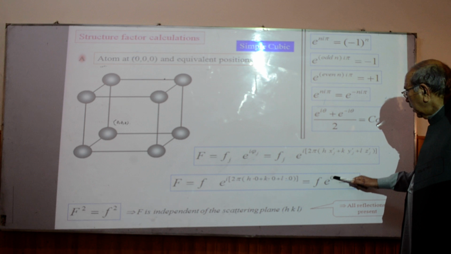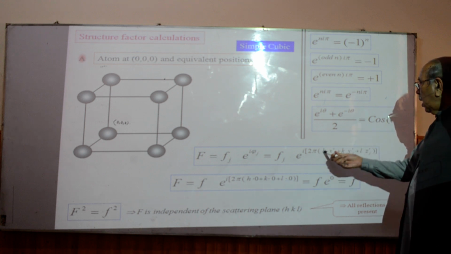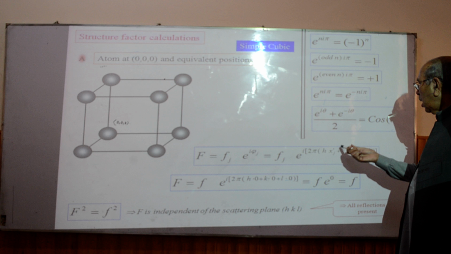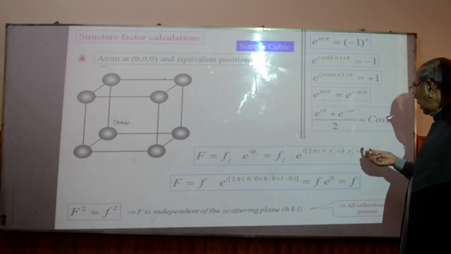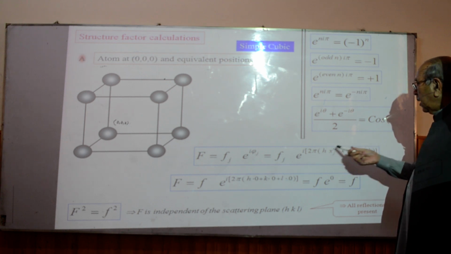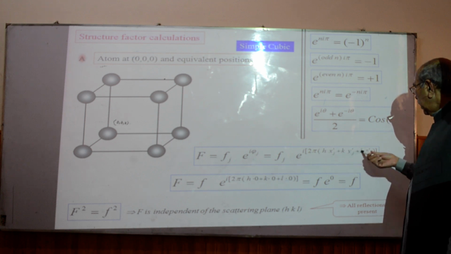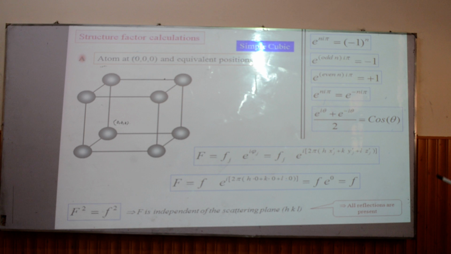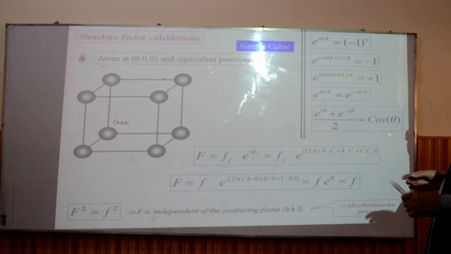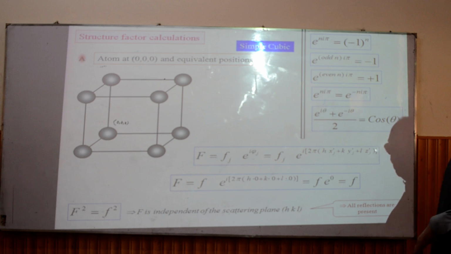So what I can say, that all values of h, all values of k, all values of l, or in other words, all planes which are representing h, k, l are the diffracting planes in this case. Which case? In case of the primitive cell, which can be simple cubic or any other.